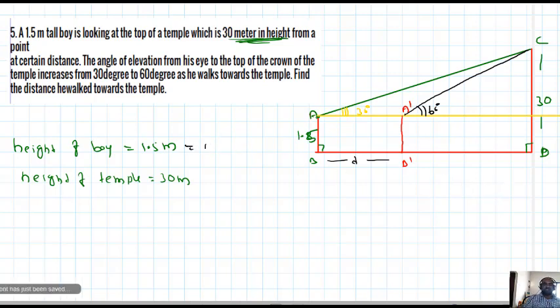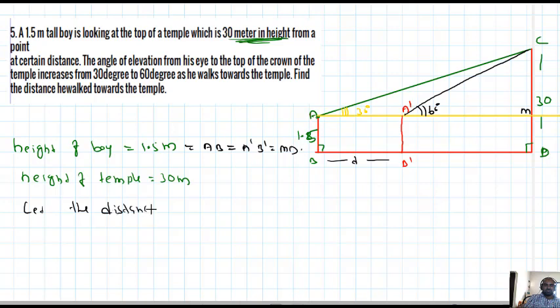So here AB is equal to A dash B dash, that is also equal to some M D. Okay students, let the distance travelled by the boy be BD meters.